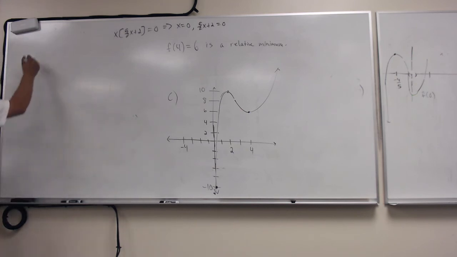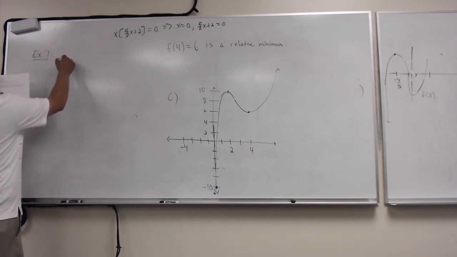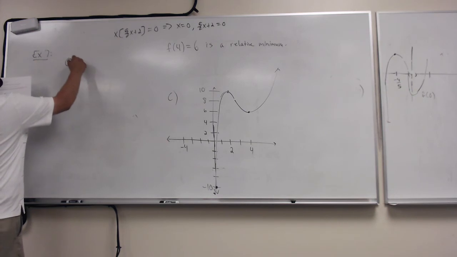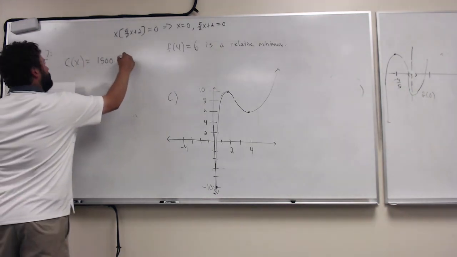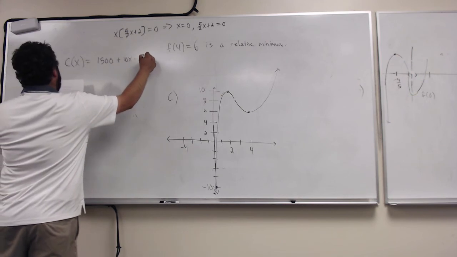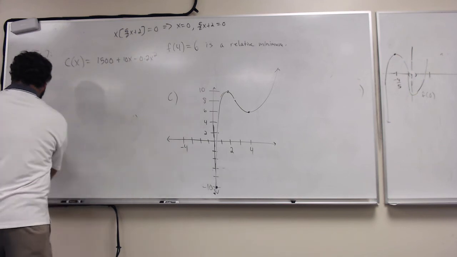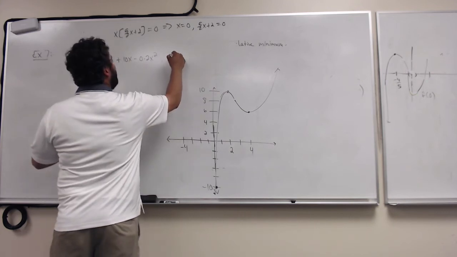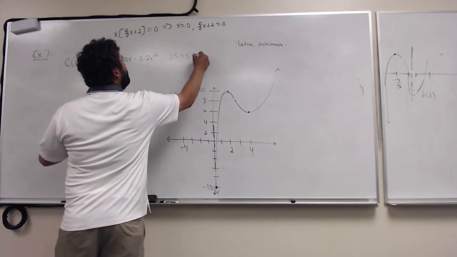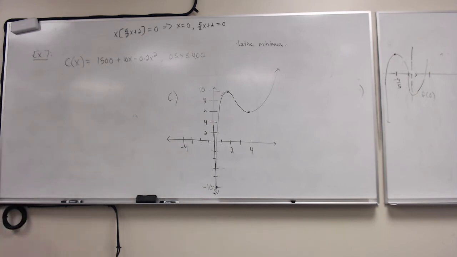Okay, so example 7. Take a cost function for the cost of producing x hockey jerseys, where the production level is strictly between 0 and 400.